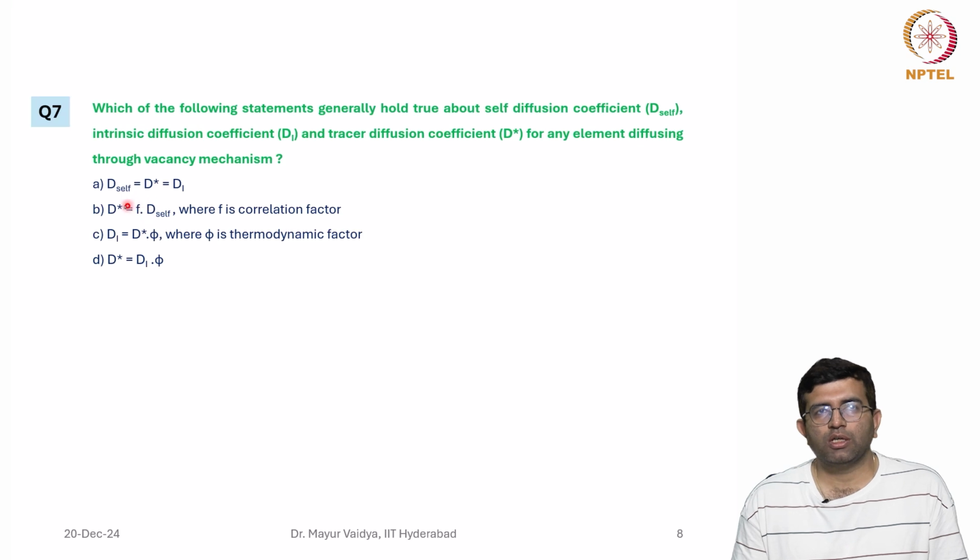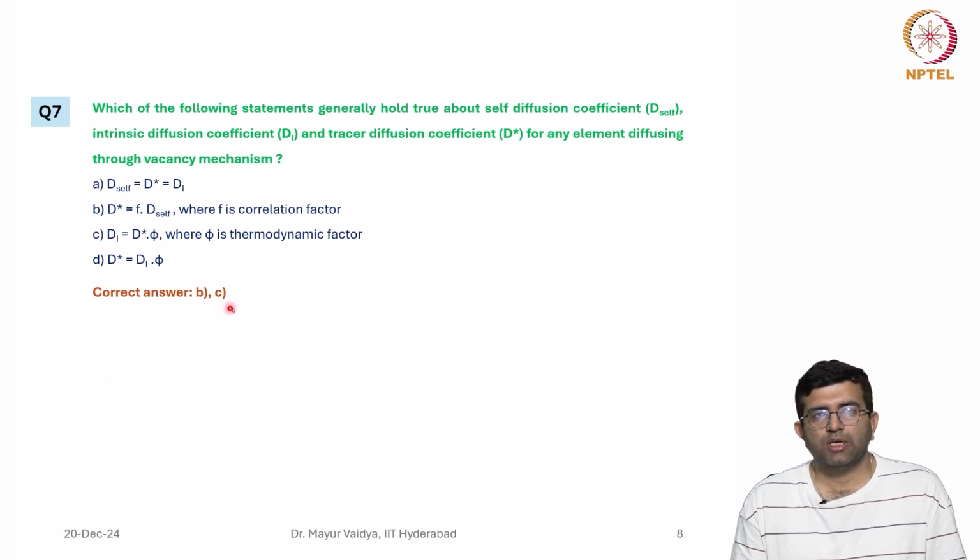Therefore D star, or the tracer diffusion coefficient, is equal to f into D self, where f is the correlation factor. Similarly, last lecture we saw that the intrinsic diffusion coefficient is equal to D star into phi, where phi is the thermodynamic factor, and this also holds true. So this is also a correct relation, and therefore D star is equal to Di into phi is not correct. The correct form is this.